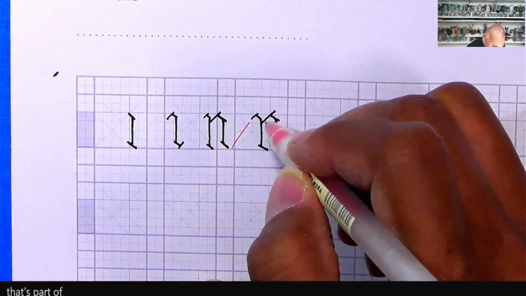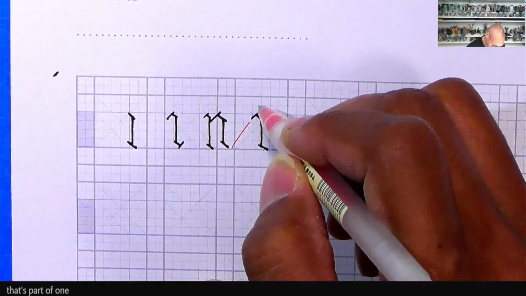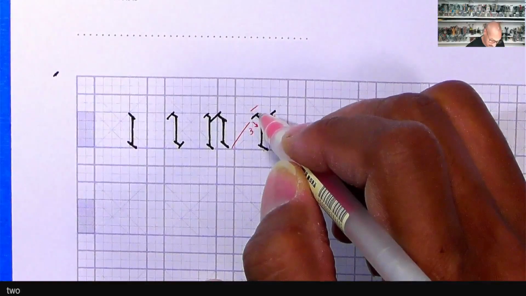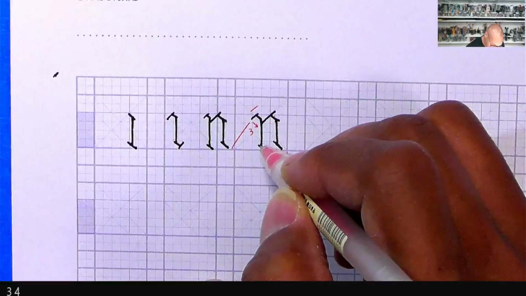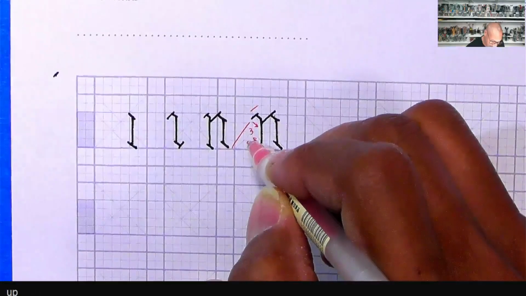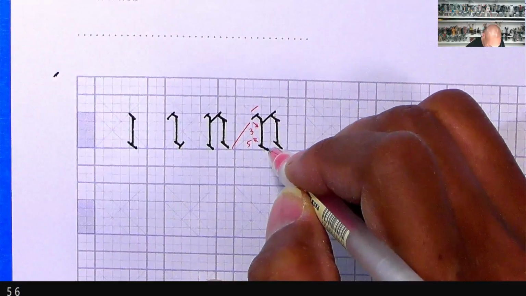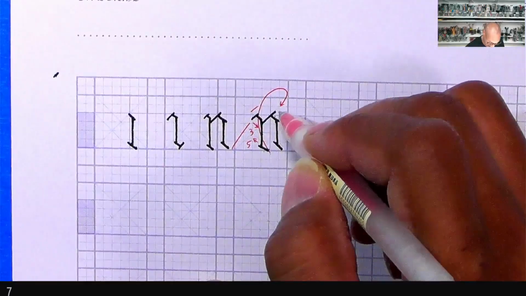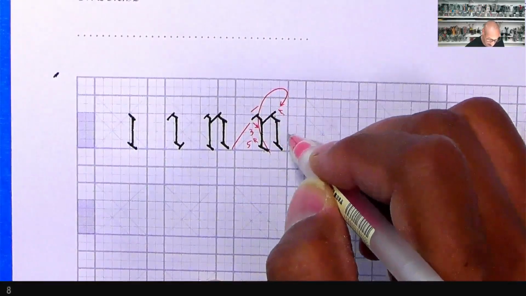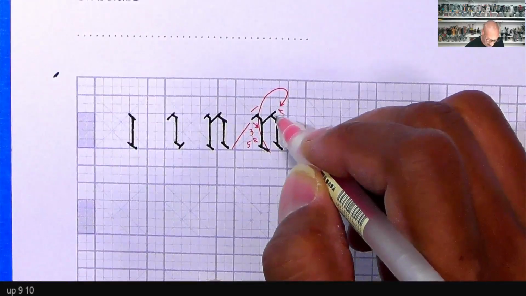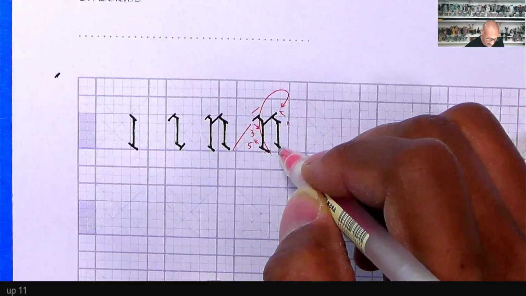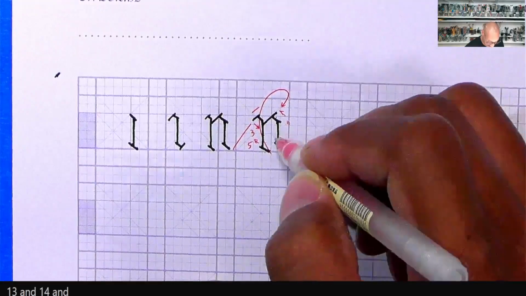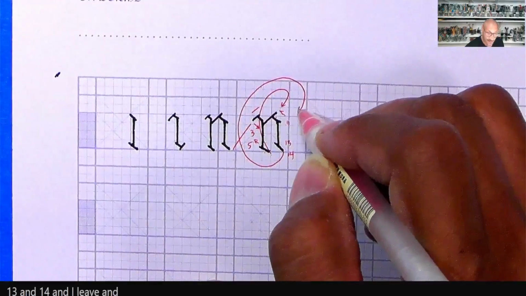That's part of 1. 2 and 3. 4 and up, 5, 6 and 7, 8, up 9, 10, up 11, 12, up 13 and 14, and I leave and come back.